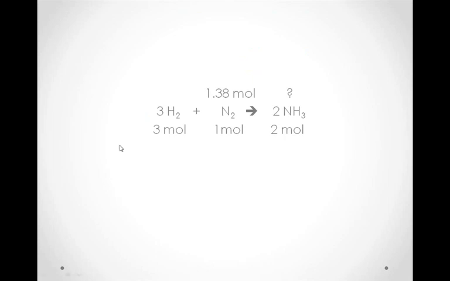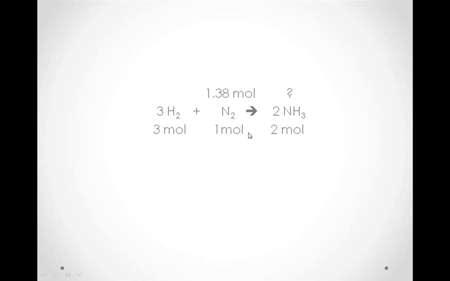So we're going to take the 1.38 moles, multiply it times 2 moles and divide it by 1 mole. Because remember, this is a 1 to 2 relationship, and so this has to be a 1 to 2 relationship. So we're going to set up this ratio, 1.38 to 1, as question mark is to 2. If this is 1 to 2, then this is 1 to 2.